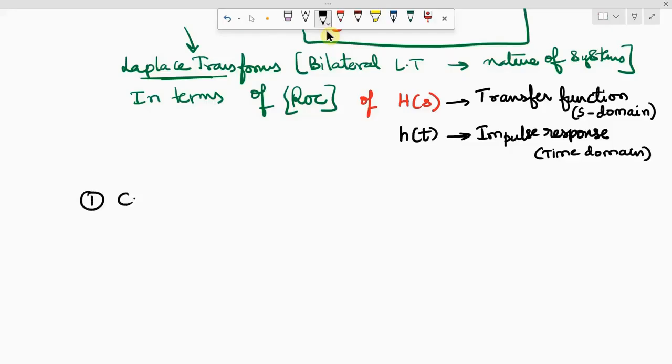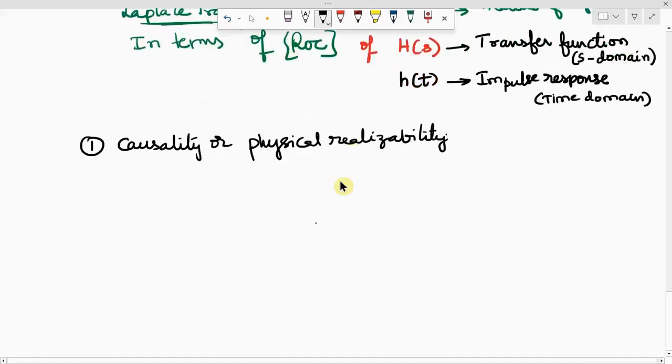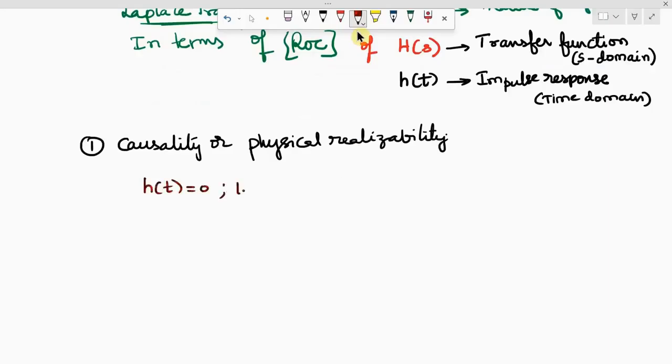Now, let's talk about causality or physical realizability. Just recollecting the condition that h of t should be equal to 0 for t less than 0. Now, based on the condition I wrote here, can you please tell me whether the impulse response h of t is right-sided or left-sided?